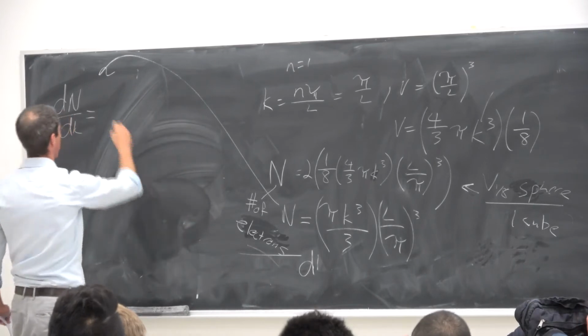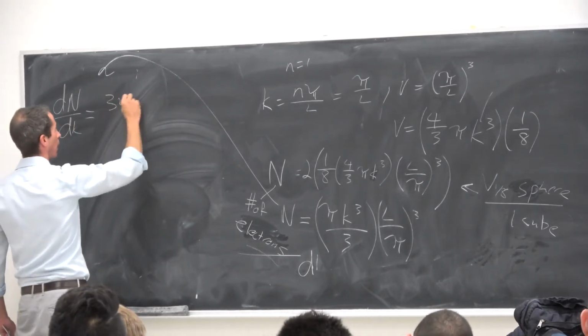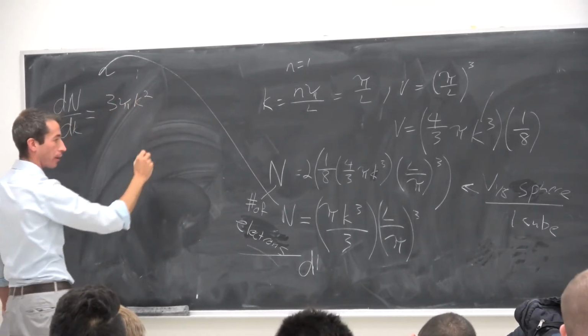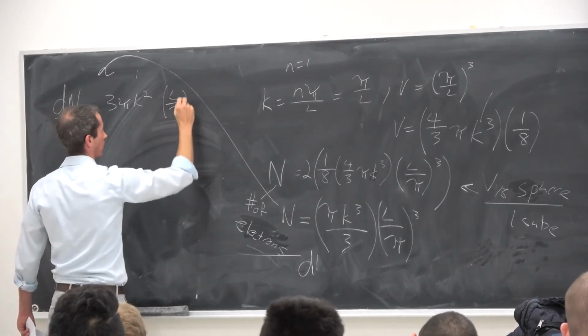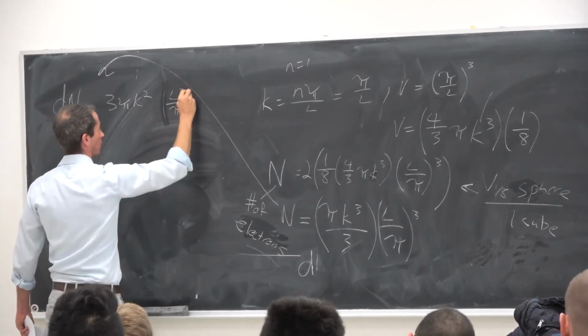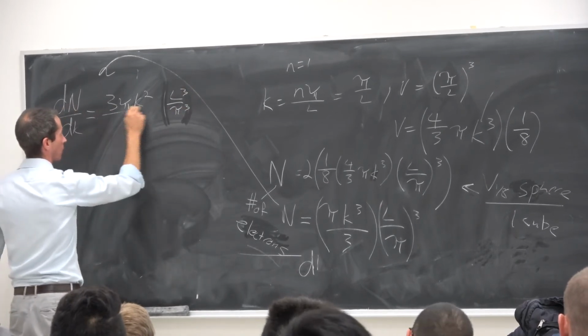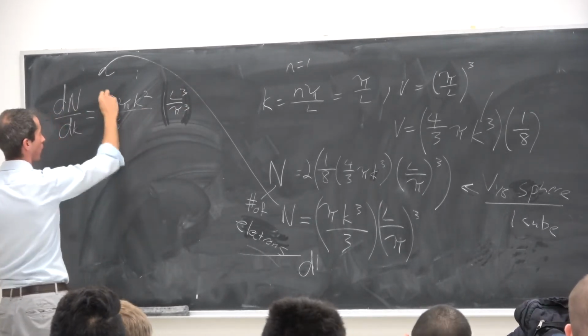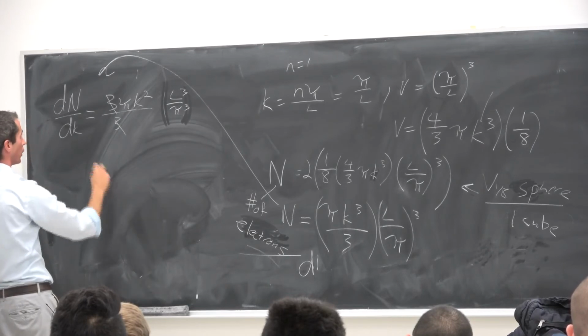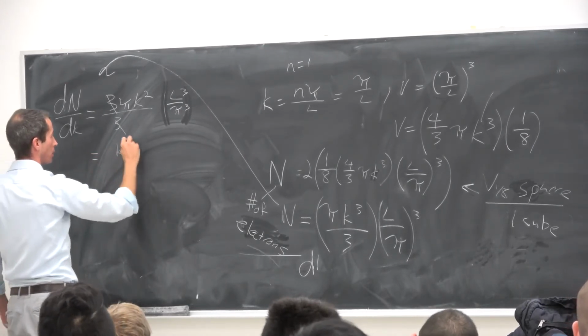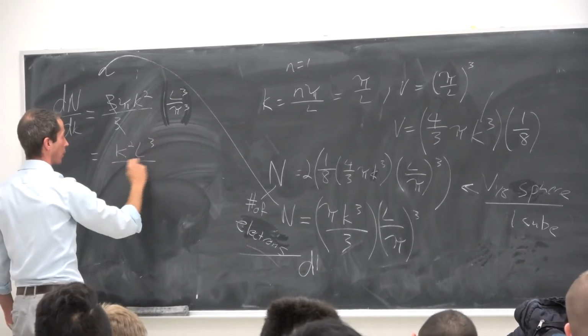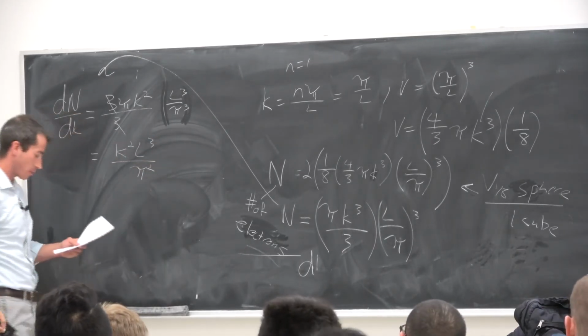So equals 3 pi k squared over 3. So our 3's cancel. We get rid of one pi. So we're left with k squared L squared over pi squared. Is that right?